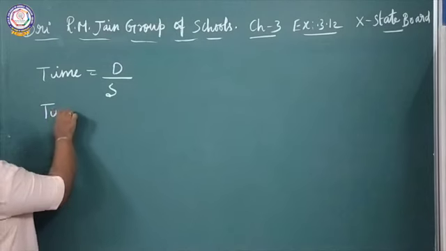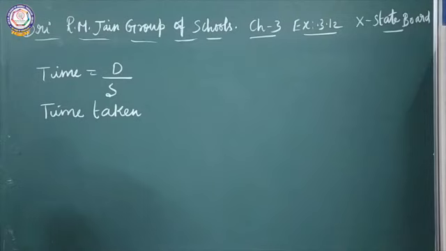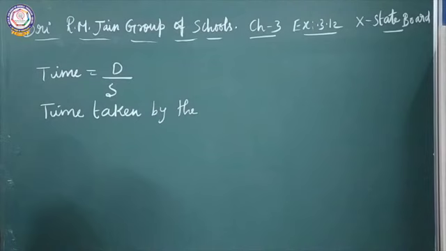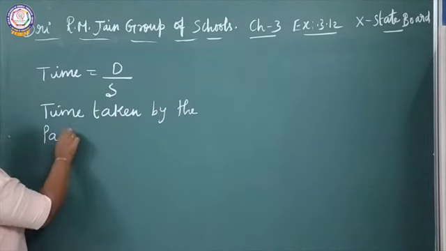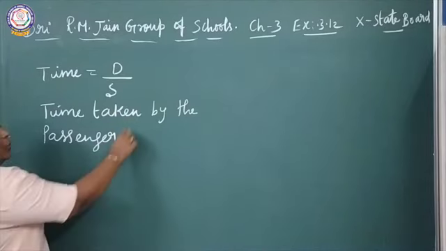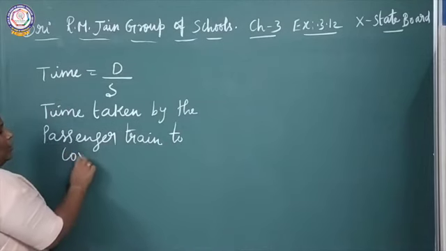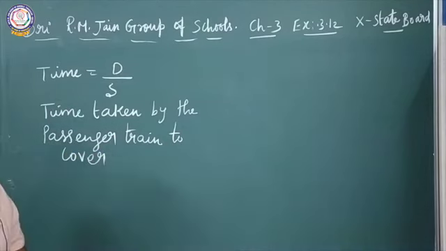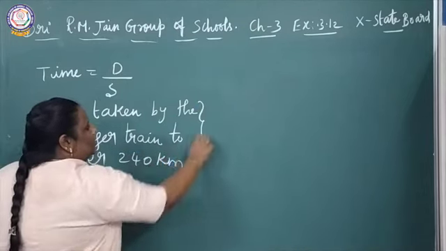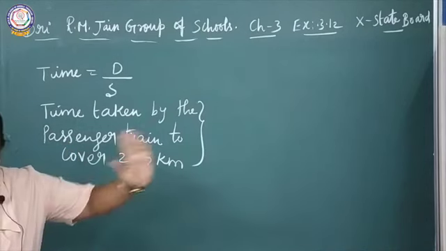So the time taken by the passenger train to cover 240 kilometer.